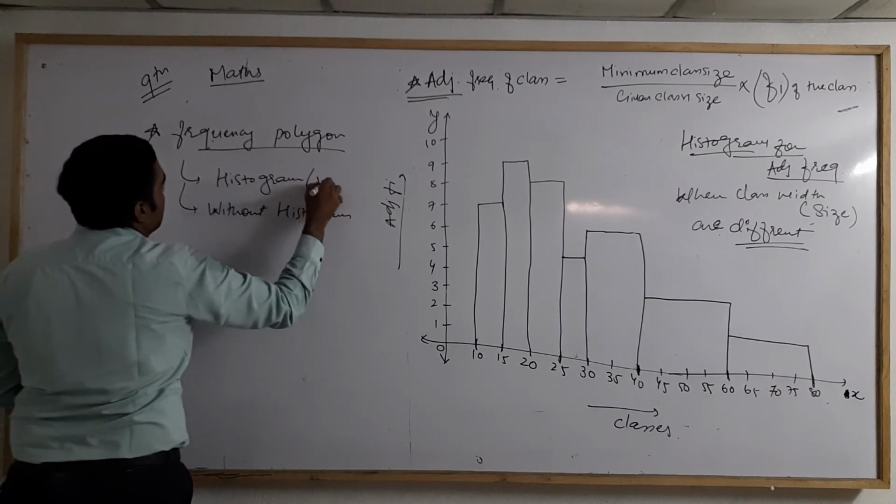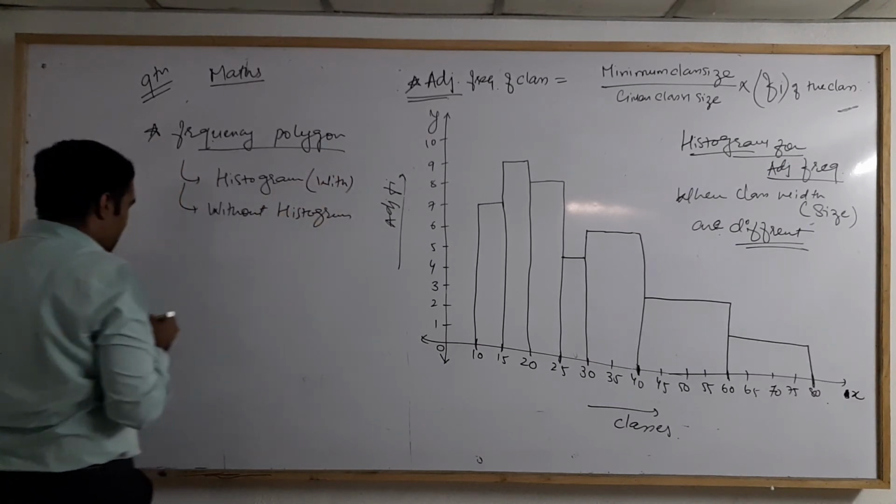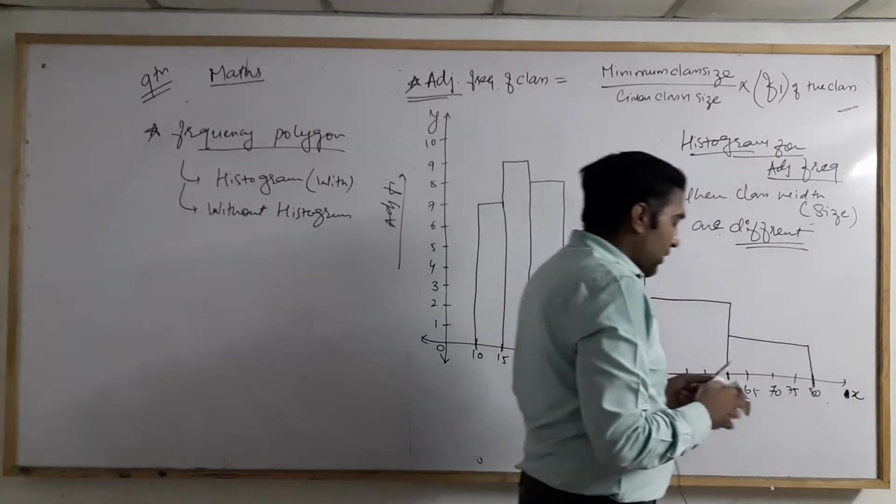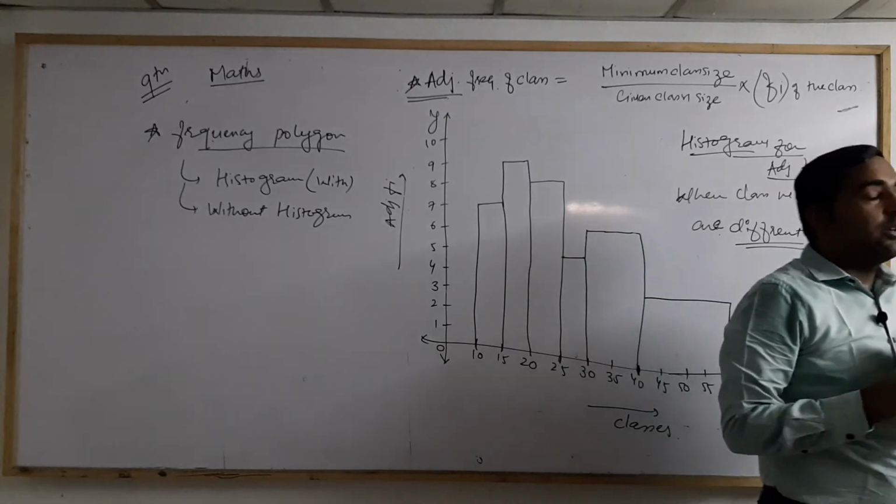Okay, and for the frequency polygon we are learning about xi.